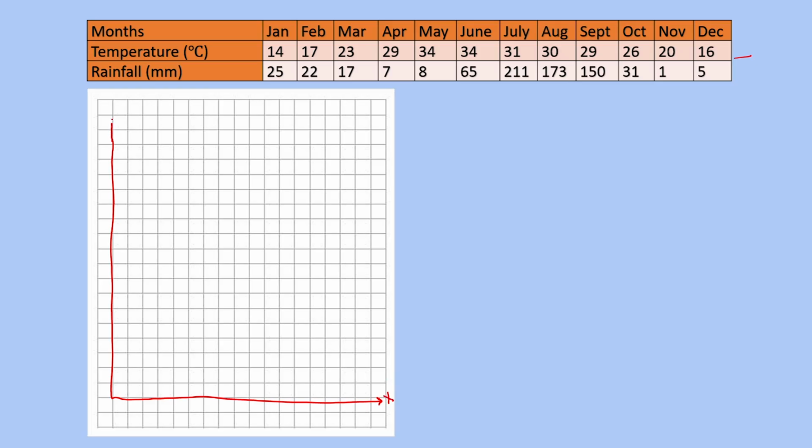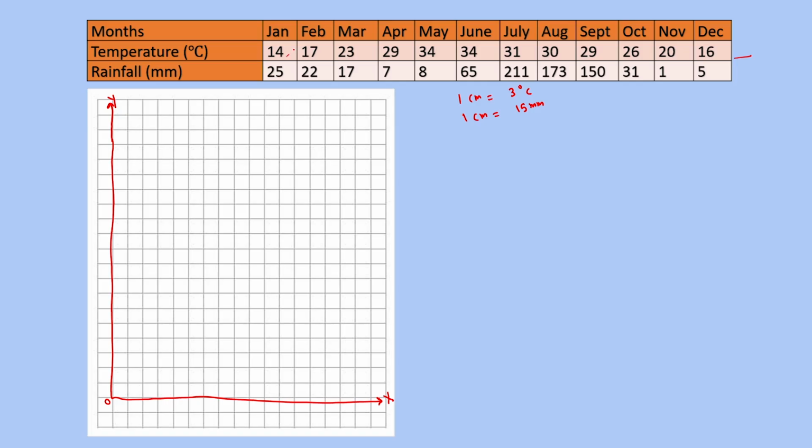First we put our x and y axes, and where the 2 meet, we put 0. Suppose we choose a scale for the y axis, temperature: 1 centimeter equals 3 degrees Celsius, and for the x axis 1 centimeter will show 15 mm.